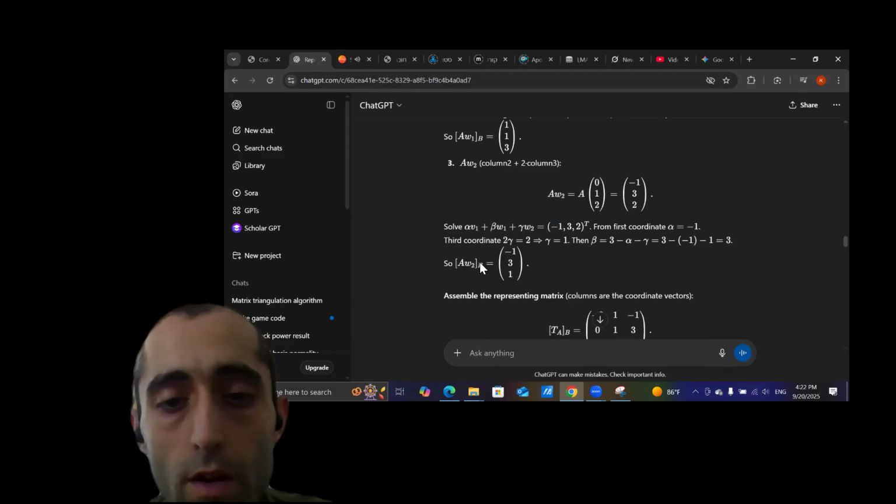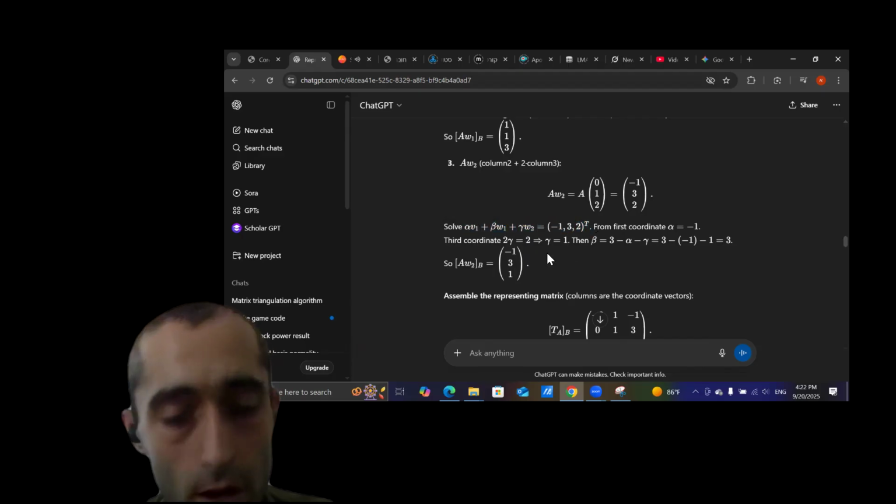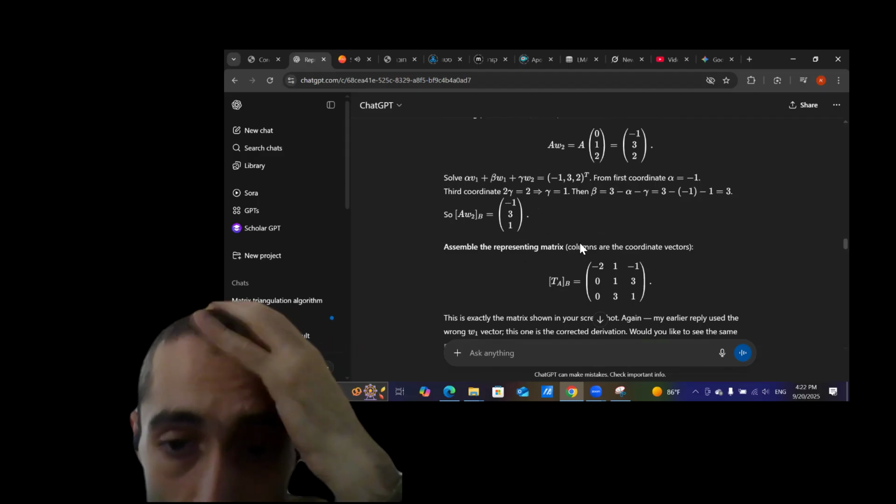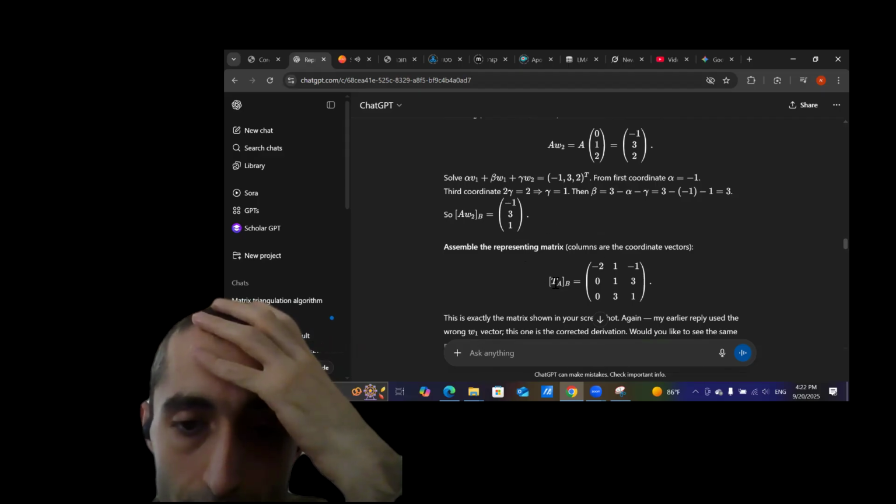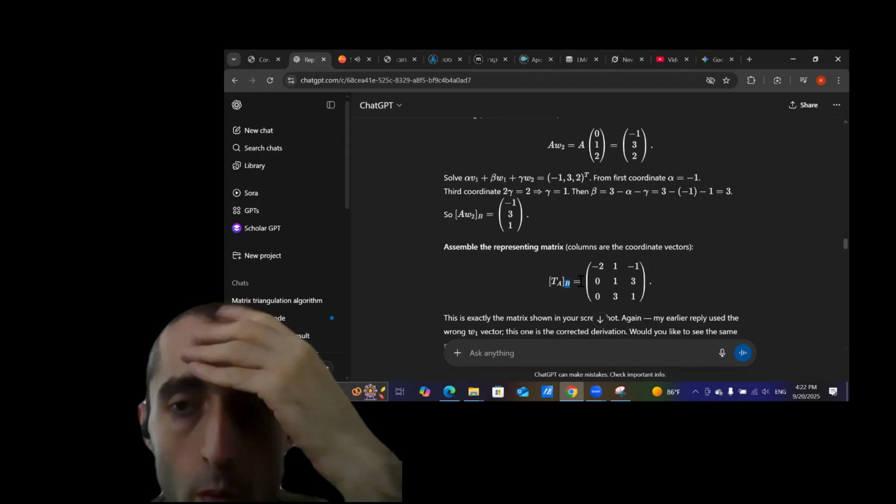So we put here AW2 represented in the base capital B. The coefficient for V1, alpha, is -1. The coefficient for W1, which is beta, equals 3. And gamma equals 1. Of course, we just solve this linear equation. So this is the third column for the matrix in the base we want.